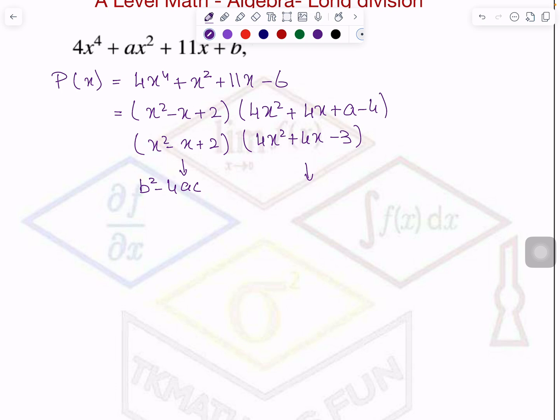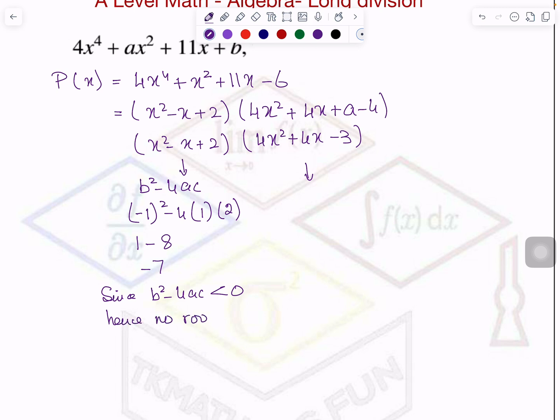But in the question you have to show the working, otherwise you will lose marks. But using the calculator you can get the idea immediately and then show the working here. So I got the answer negative. So I can say since b square minus 4ac is less than 0, hence no root. It means this part of the curve is above the x-axis. I will explain it with the help of a sketch also.